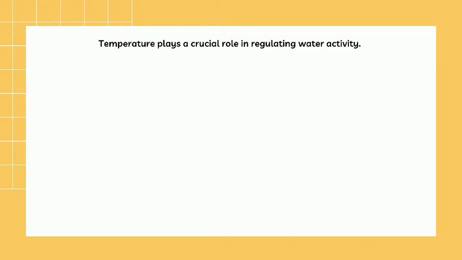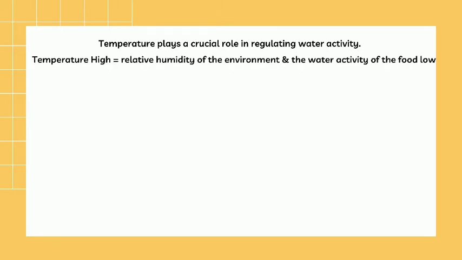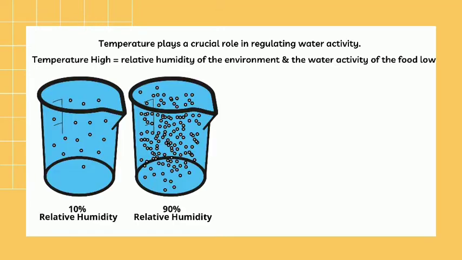Temperature plays a crucial role in regulating water activity. In general, at higher temperatures, the relative humidity of the environment as well as the water activity of the food drops due to moisture loss by way of evaporation. The relative humidity of the storage environment is important both from the standpoint of water activity of food items as well as growth of microbes on the surfaces of various foodstuff.